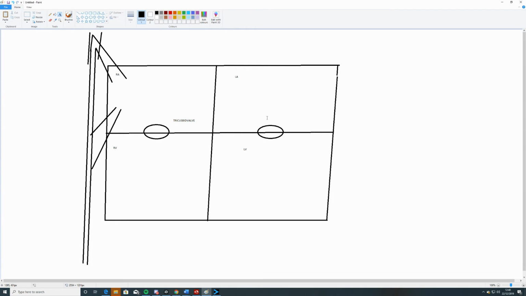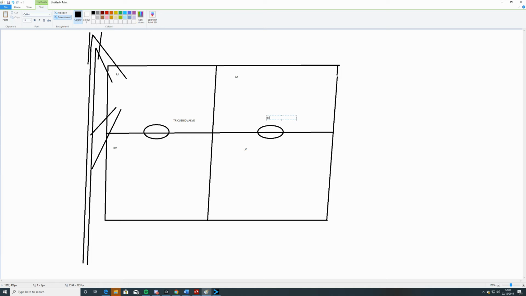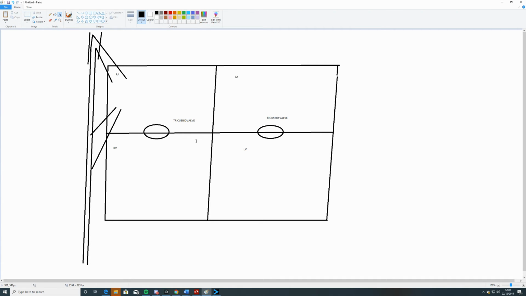And we have over here the bicuspid valve. Please forgive my spelling. You get the idea though. Okay, so it goes through the tricuspid valve into the right ventricle.